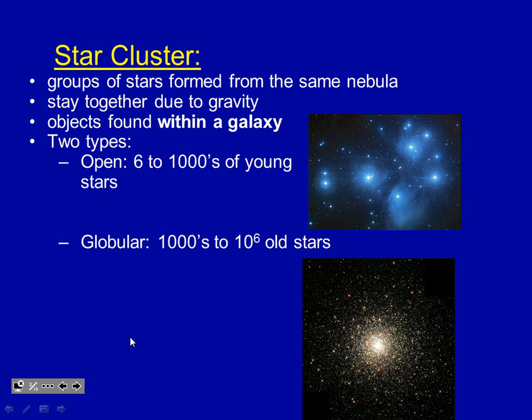And it tends to be this kind of packed group in the center with more diffuse stars spreading out, and there tends to be many more. And notice I'm at thousands and 10 to the 6th. I decided to use some scientific notation there. Remember, that's 10 with 6 zeros, essentially millions, right? Thousands to millions of stars, kind of grouped together.